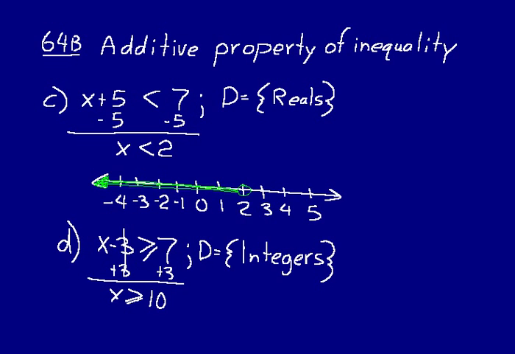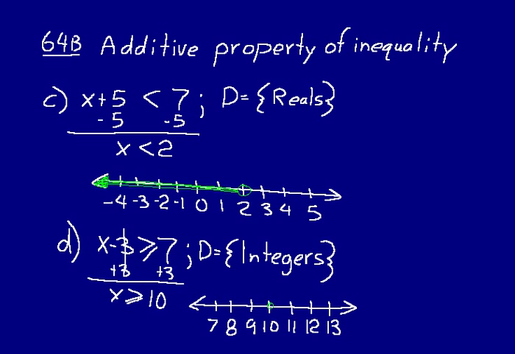So let's make a number line. You need to make sure you include some values on your number line that will be able to represent your inequality, x greater than or equal to 10. So that means we can start at 10 because we're saying greater than or equal to, and our domain is integers.